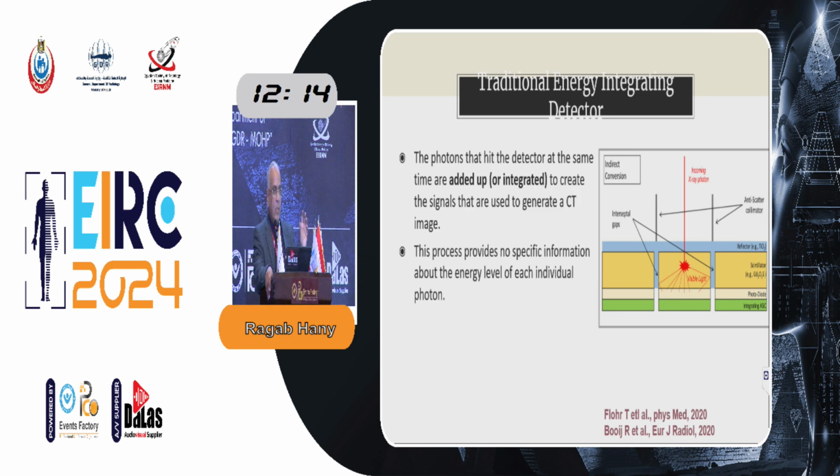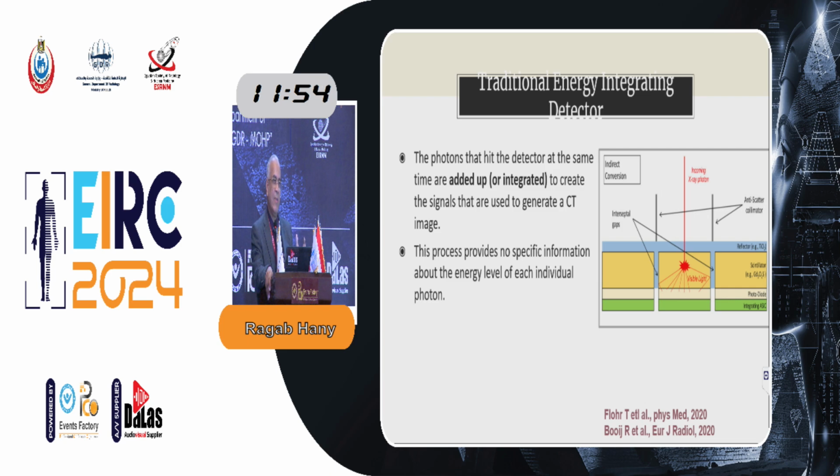The photons which hit the scintillator will be collected together, added up or integrated to create the signal that forms the image. This image has no specific information.